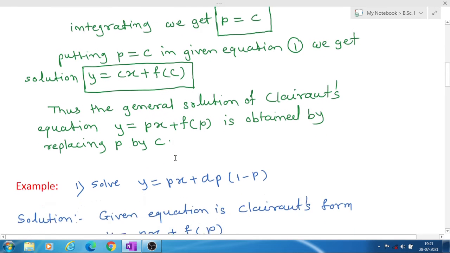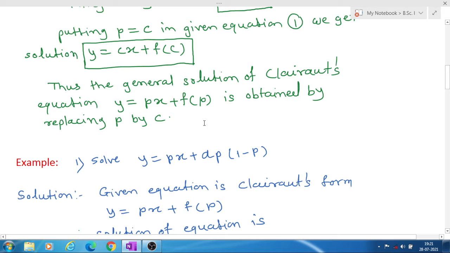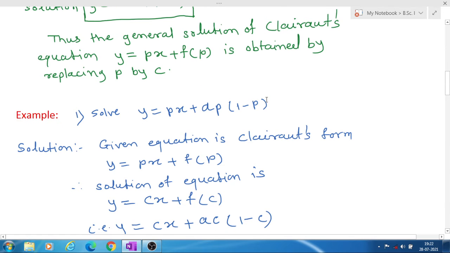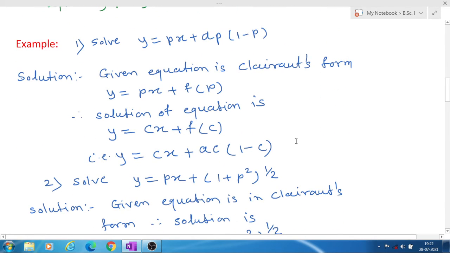So if our equation is in Clairaut's form, then we can write the solution directly by putting p is equal to c in Clairaut's equation. So this is how we can solve Clairaut's equation. Now let us see some examples.